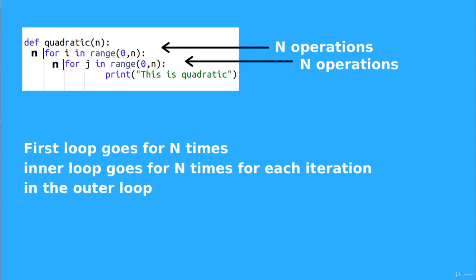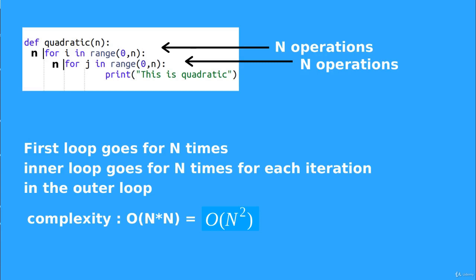So for each iteration in our outer loop, which happens in total n times, we do another n operations in the inner loop. That means that we do n multiplied by n operations, or n squared. So our complexity would be big O of n squared.